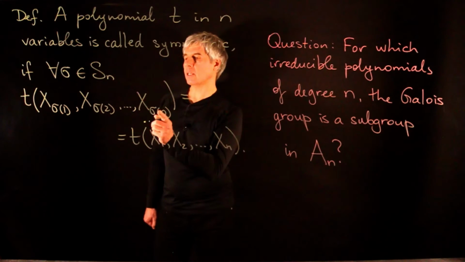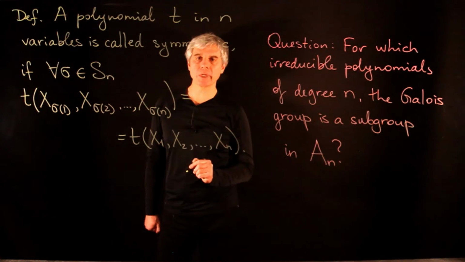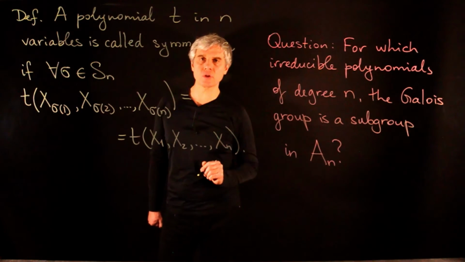So that is, if we permute the variables of this polynomial, then the polynomial does not change.